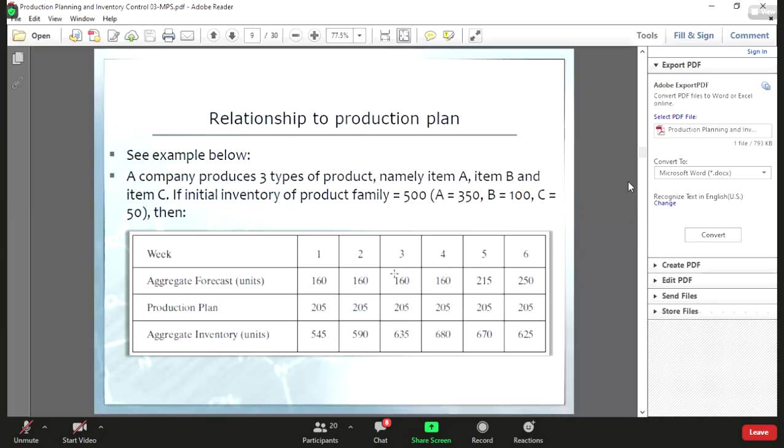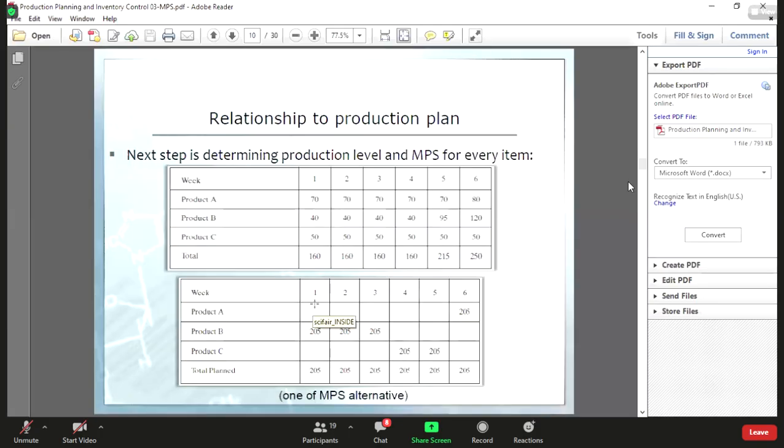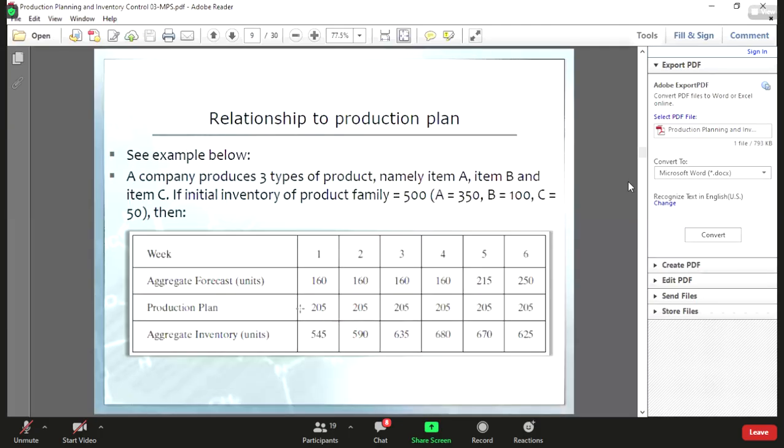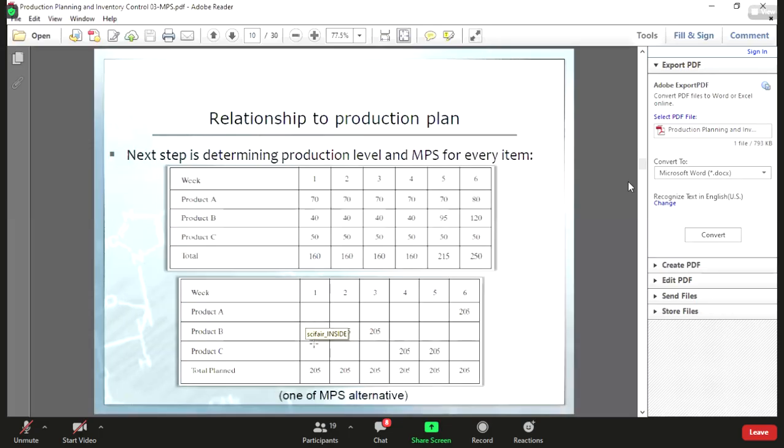So for the first period, we don't need to produce product A. So we allocate all of the 205 to B, not to A and C. The requirement of A is only 70, and the inventory of A is 350, so still okay.